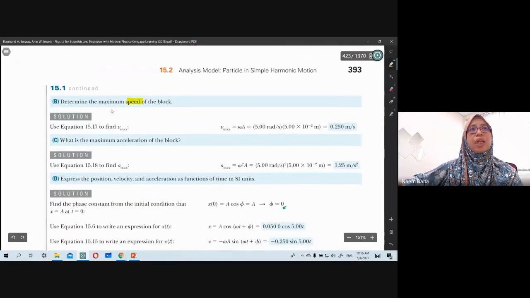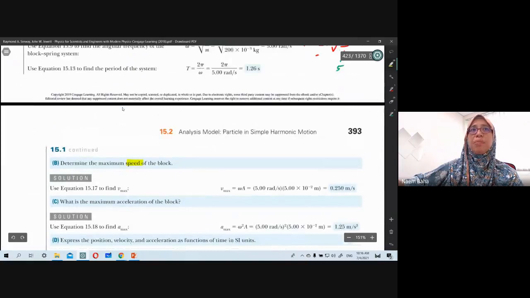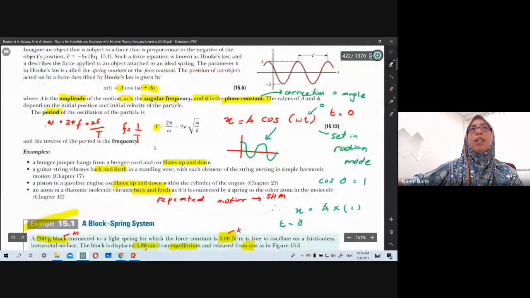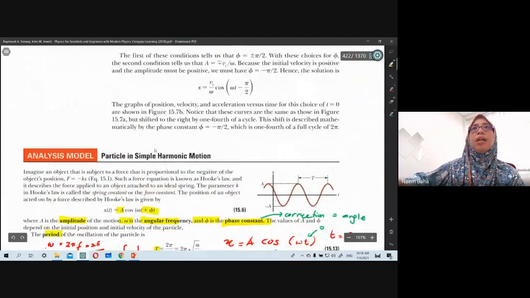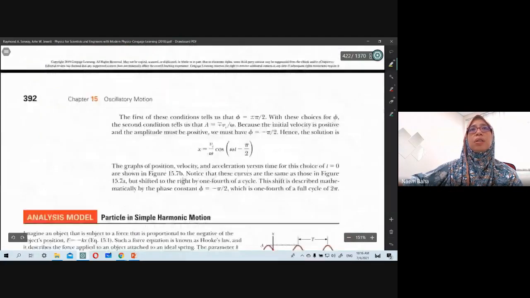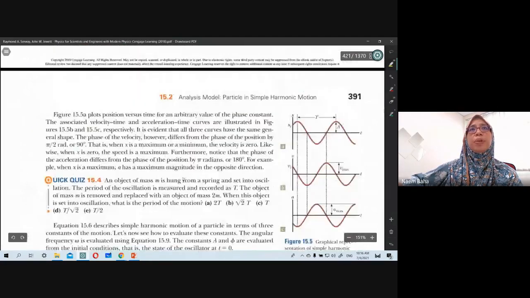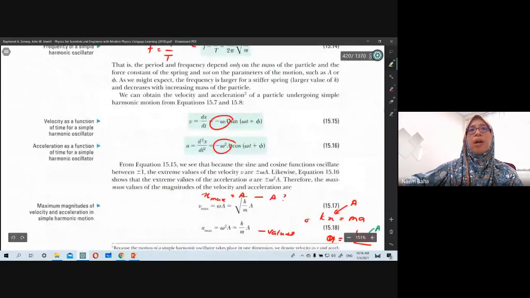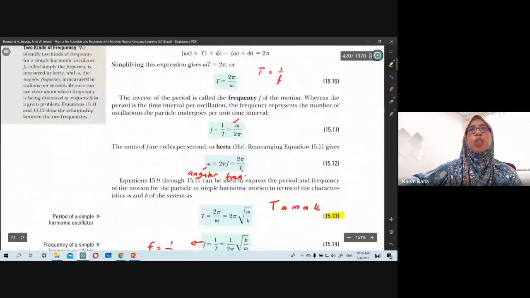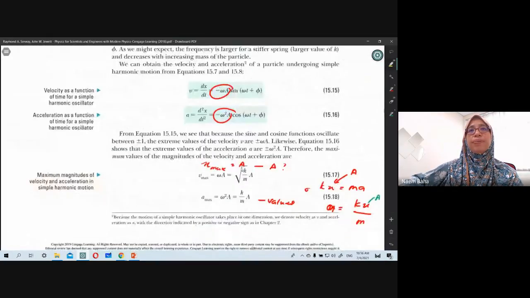Next question. Determine the maximum speed of the block. The maximum speed of the block is whereby, okay, when we are here, then let me double check. We have seen in the previous class that V maximum is on page 390.